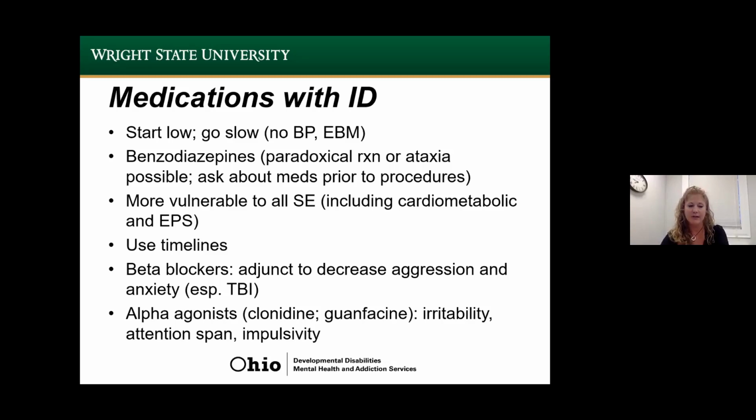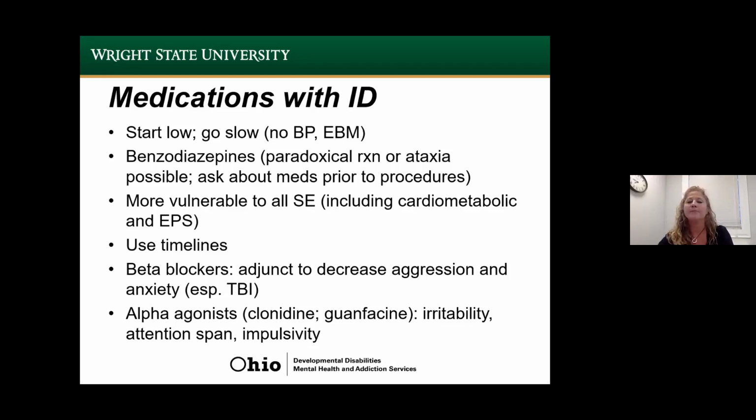And we also want to keep in mind that individuals with ID are more vulnerable to side effects, and this includes our metabolic side effects. The metabolic side effects include elevated blood sugar, elevated cholesterol, weight gain, etc. And EPS or extrapyramidal side effects. These can present as head and neck abnormalities, muscle spasms, tremors, for example, or tremors in the hands or upper extremities.